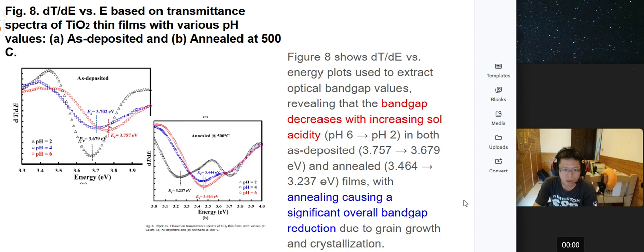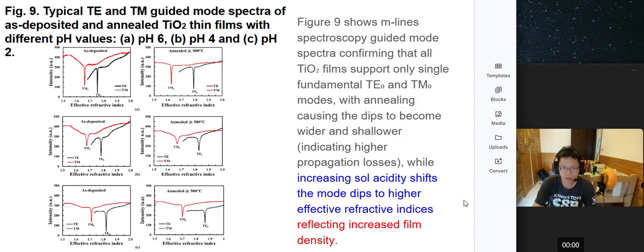They also looked into the applicable bandgap values, revealing that the band gap decreases with the increase of sol acidity, and annealing causes a significant overall band gap reduction due to the grain growth and crystallization.